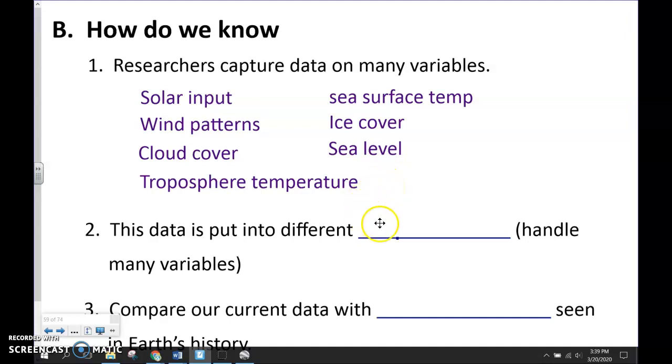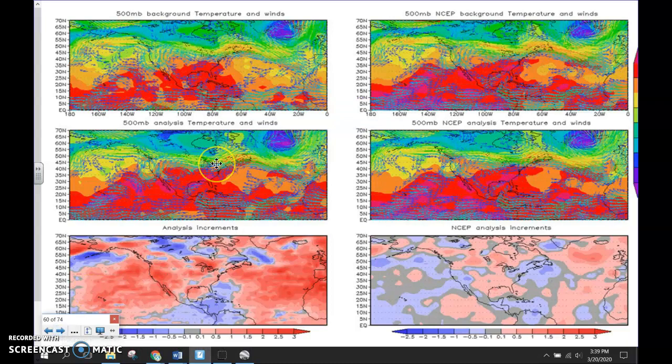So when we look at this, we put all this data into a computer model, right? Computer models are going to be something that can take a lot of different variables, put them together. So here's some examples. You guys have seen these maps around the world. You've seen globe pictures, right? Looking at how the temperature changes, what are the variables that are happening.